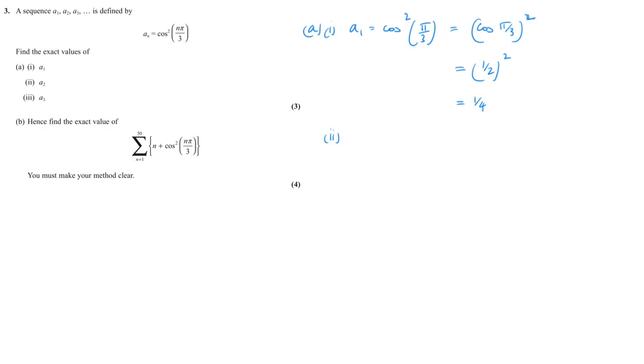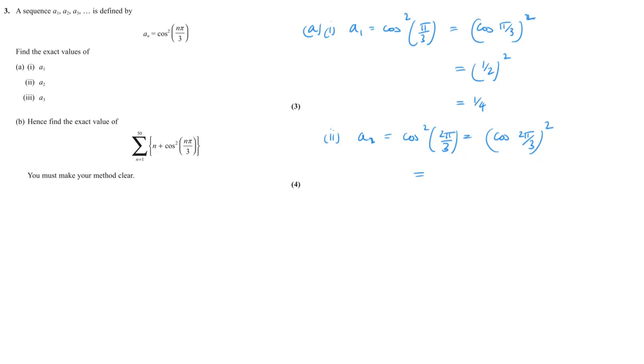That first one, fairly straightforward. A2, so that is cos squared of 2 pi by 3, or cos of 2 pi by 3 all squared.